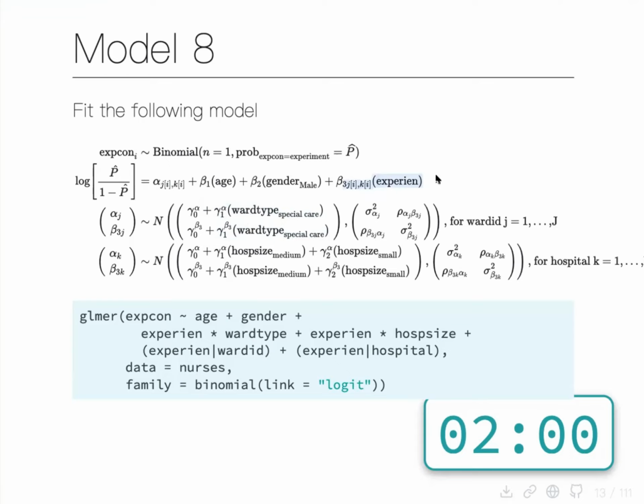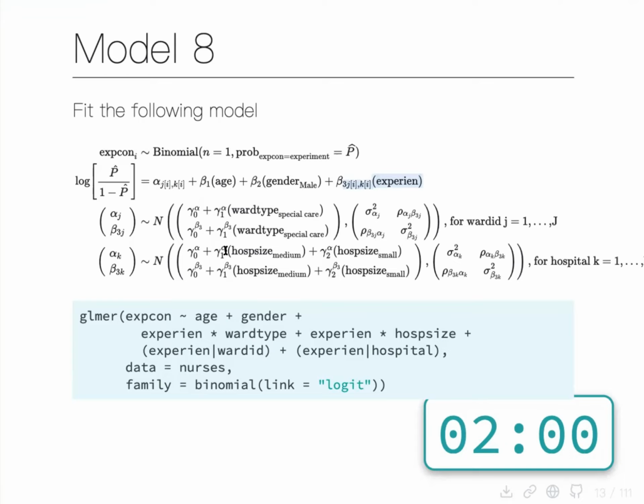So the relation between experience and the probability of being in the experimental control in the special care ward type is flat, maybe. This is what we're hypothesizing or estimating. And then in the standard ward type, the relation between experience and probability of being in treatment control is very steep. So that's the interaction: there are different slopes for experience depending on the ward type.